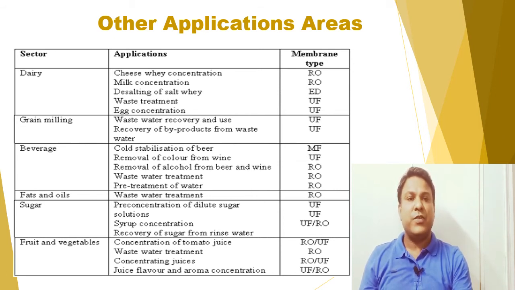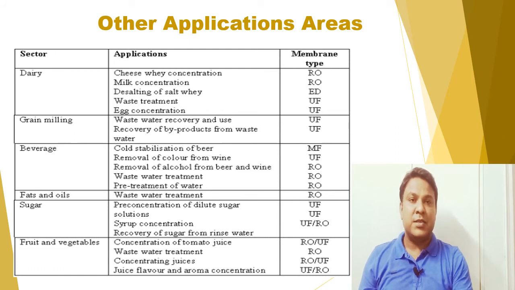And we use different membrane types for different applications, like cheese whey concentration we use reverse osmosis, milk concentration we use reverse osmosis, desalination of salt whey, here this is ED, that is electrodialysis, this is the electrical gradient. Waste treatment, egg concentration we use ultrafiltration. So we use it in dairy and poultry. In grain milling we use wastewater recovery and recovery of byproducts from wastewater by the use of ultrafiltration.